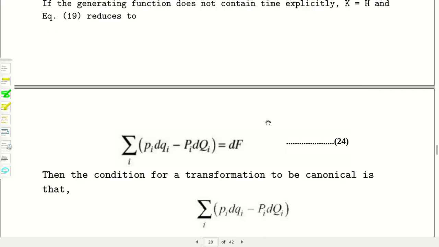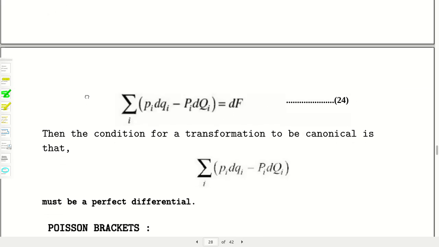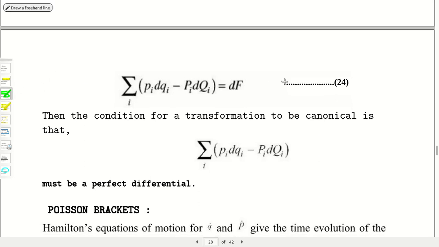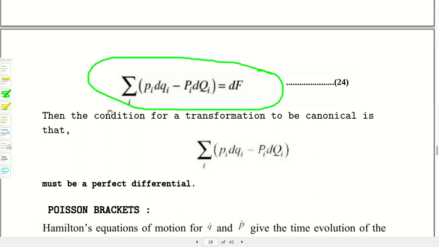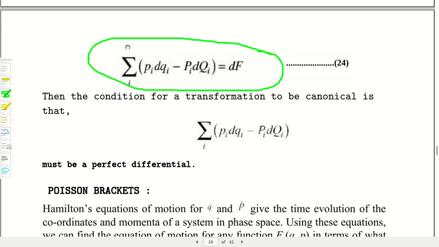From equation 19 you can find out this equation. What does this equation tell you? The left hand side is a complicated differential of 4 variables, but the right hand side is just the differential of a function, that is an exact differential.